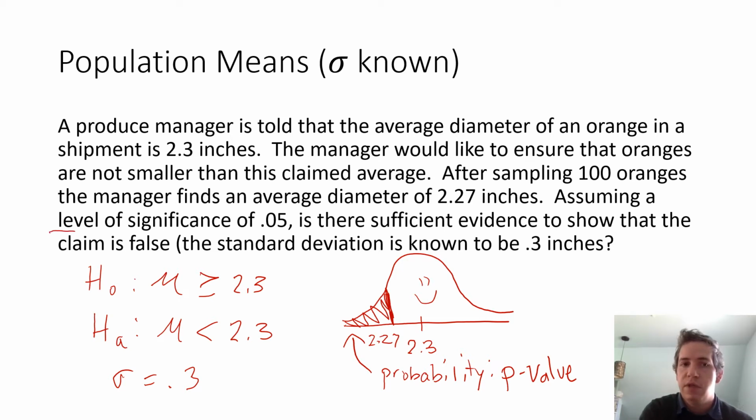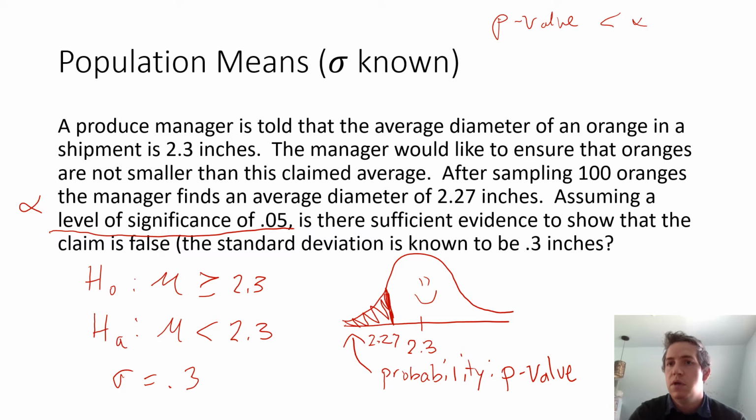So that level of significance is what we're going to compare it to, and we call this alpha. So we're going to check our p-value compared to alpha. If the p-value, the probability that this occurs, is less than alpha, the breaking point, then we will reject the null hypothesis. If the p-value is greater than or equal to alpha, we would fail to reject.